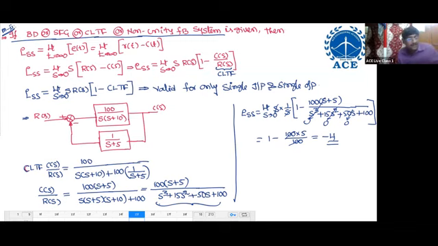Okay? Last, one more problem. Next problem. Find the K value.